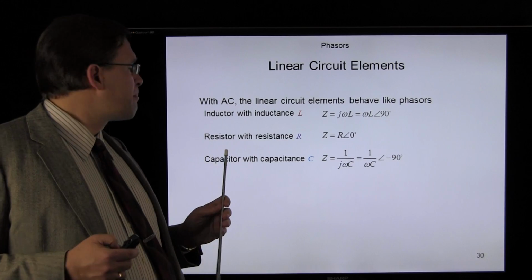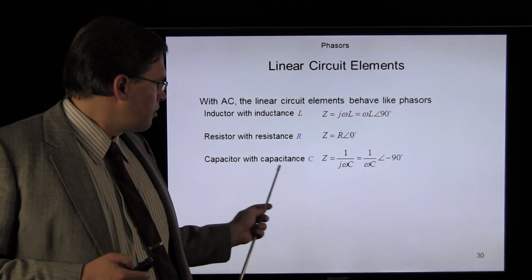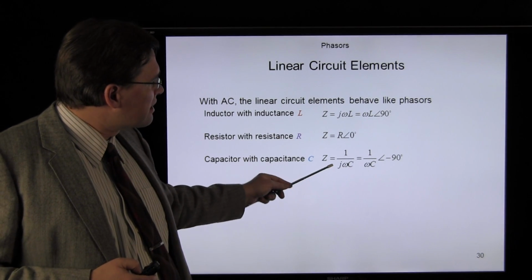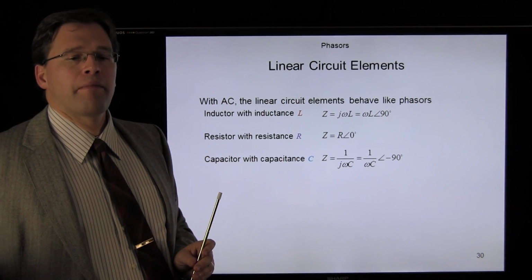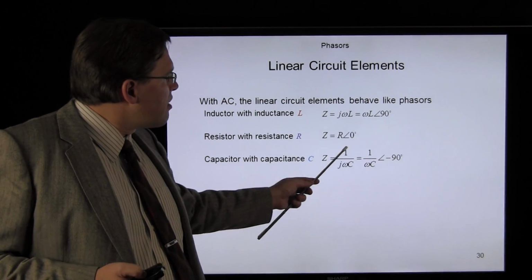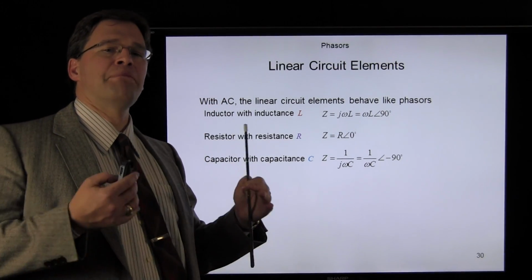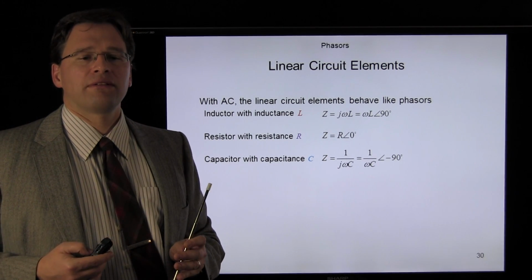The impedance of a capacitor is 1 over j omega C, where C is the capacitance of that capacitor, and 1 over j omega C is just 1 over omega C phase negative 90. So notice that the higher the frequency, the less a capacitor impedes an alternating current.